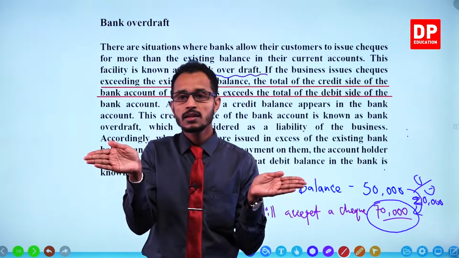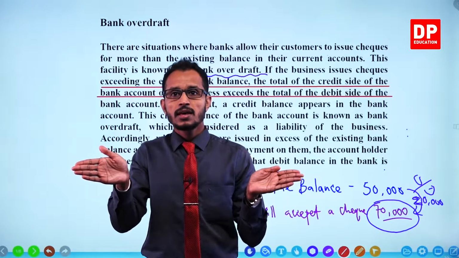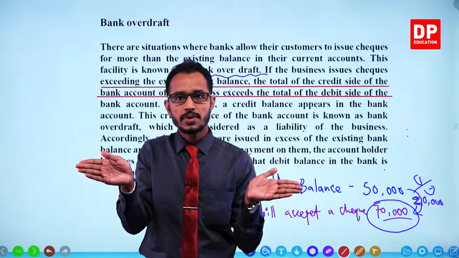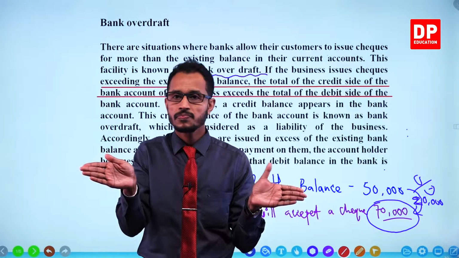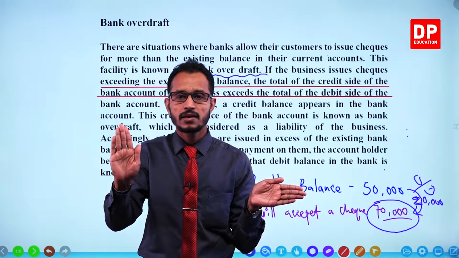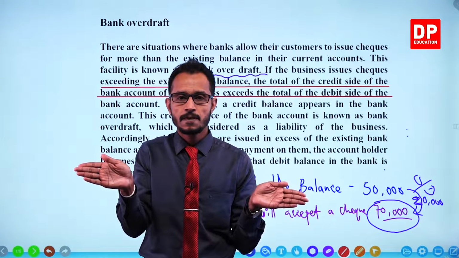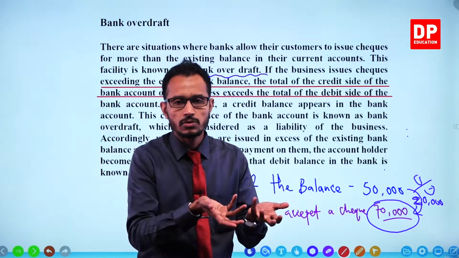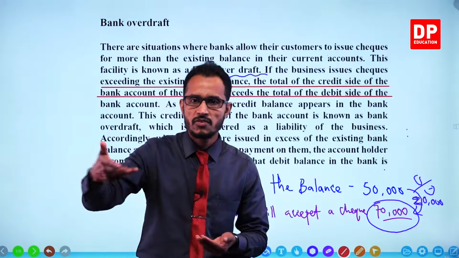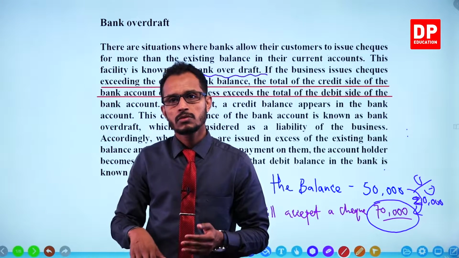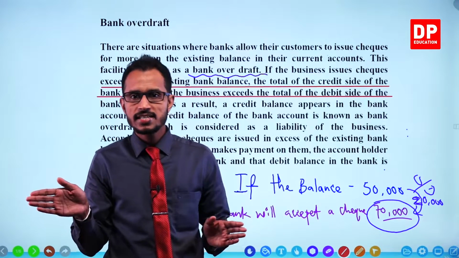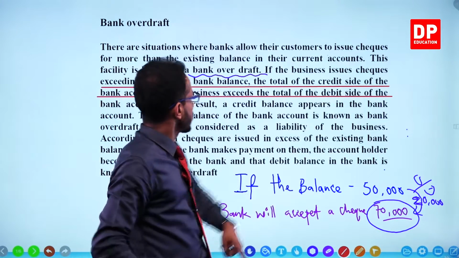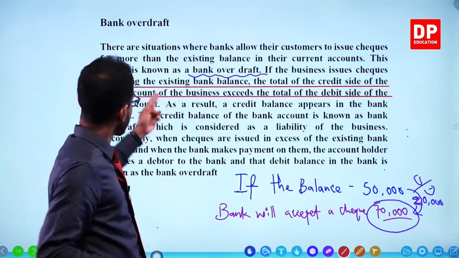This credit total is higher than the debit total. Got it? Because more than the money which is remaining in our bank account, we have paid out. So the credit side is higher than the debit side. That's what it says.